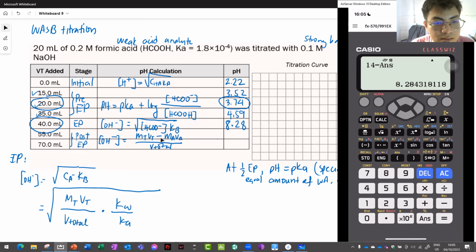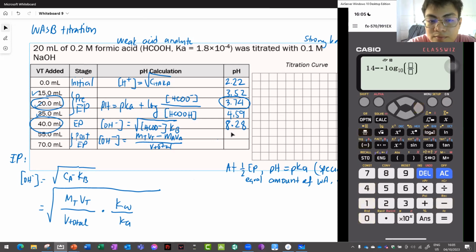And now at the post-equivalence point, well, yun na yung equation. And ipa-plug in ko na lang sa calcu ko. So, let's put it directly sa calcu. For the post-equivalence point, it's just OH yan eh. Gusto ko pag pinindot ko equal sign, pH agad. So, it's 14 minus the pOH, which is negative log of MTVT minus MAVA over V total.